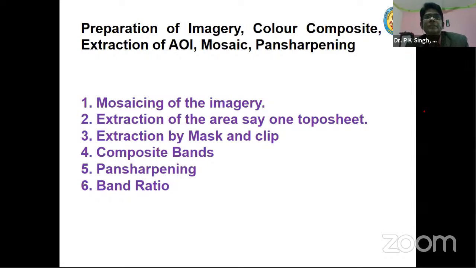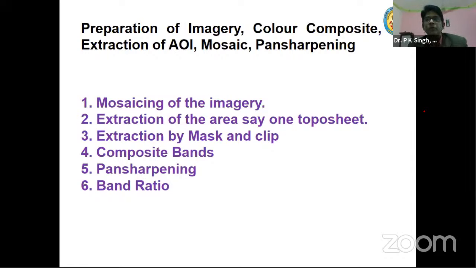And a person from forestry will be interested to know the characteristics of the forest there, what type of plants and trees are there, how the forest is depleting or increasing, and what the health of the plants is at different times. Those are the types of information you will be extracting. But before that, you have to do some image processing.